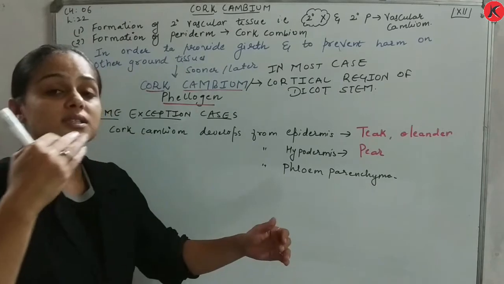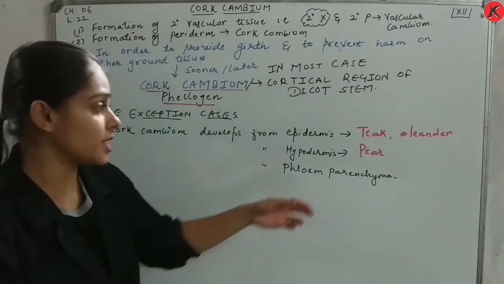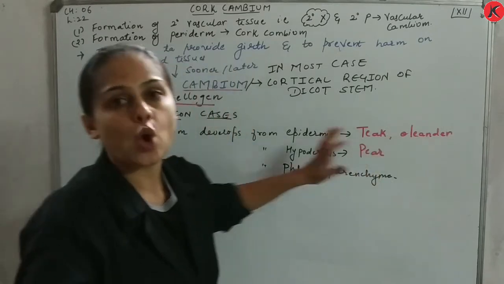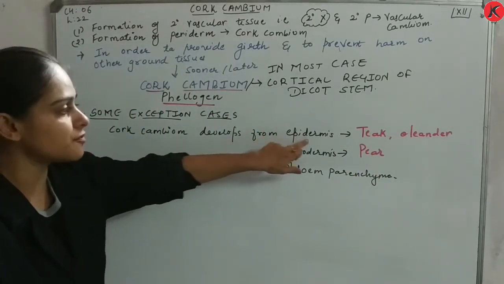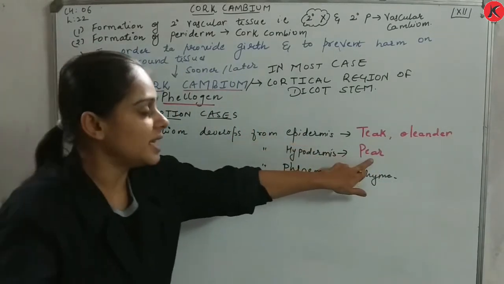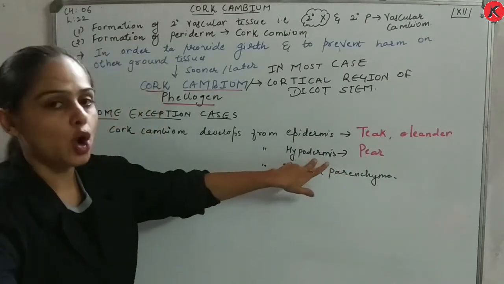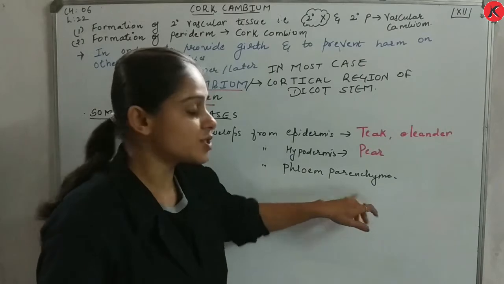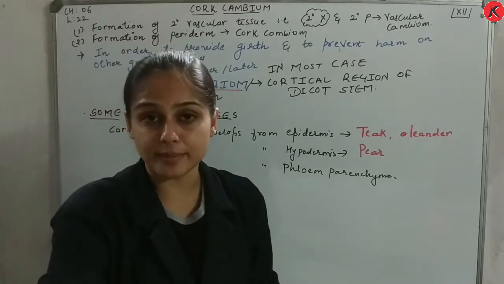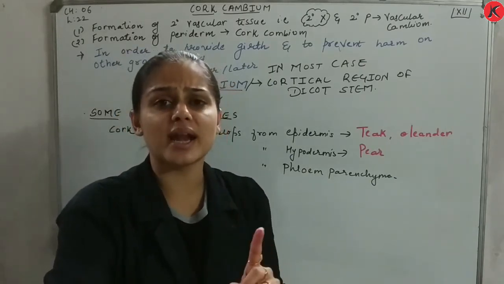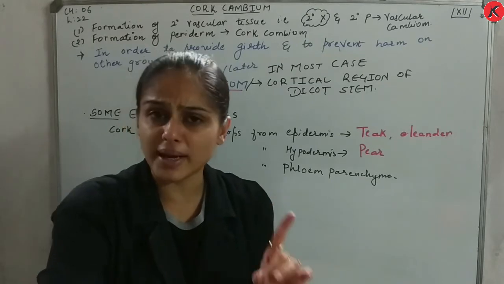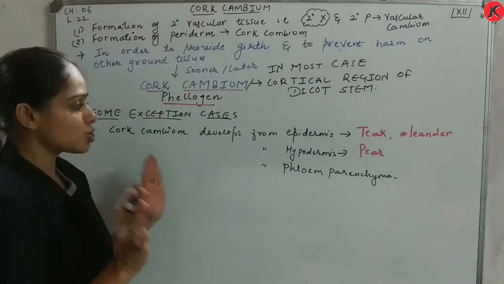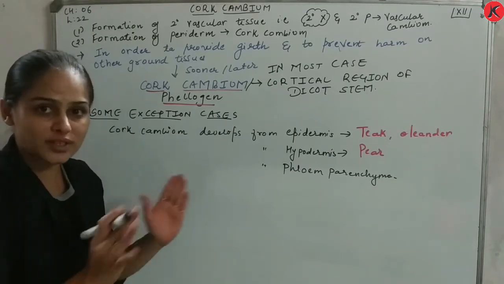However, in certain plants, say for example in case of teak and oleander, आपका जो cork cambium है, it arises from epidermis. In pear, it arises from hypodermis. In certain plants, it arises from phloem parenchyma. I hope you people are getting this really very well. Am I clear?